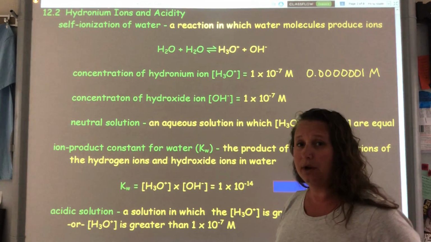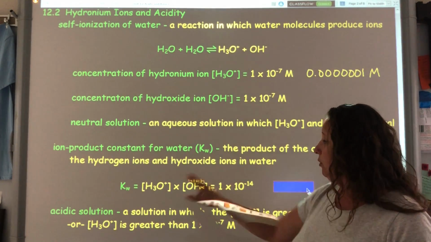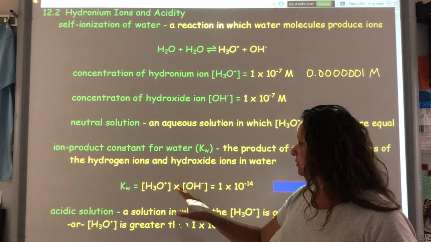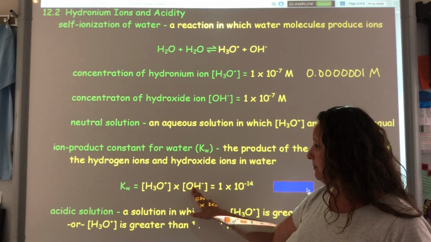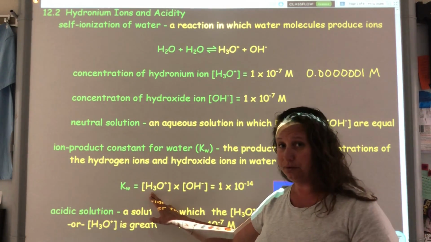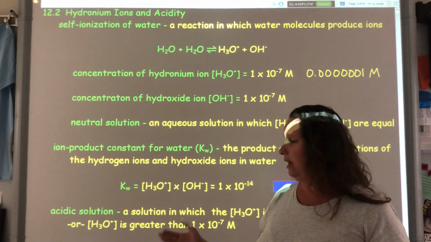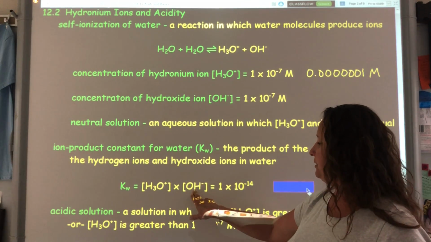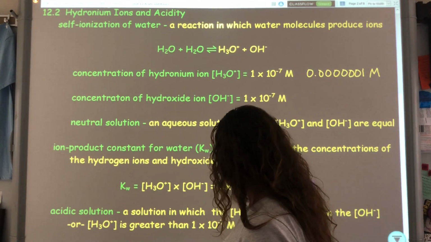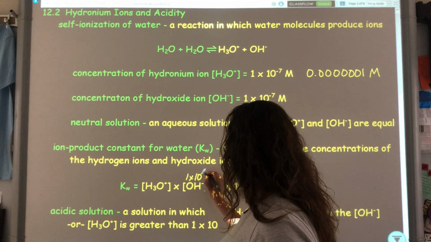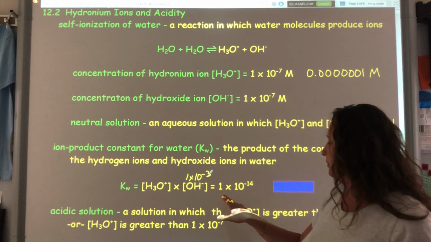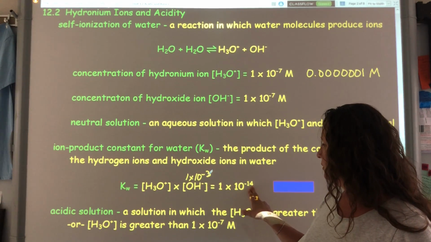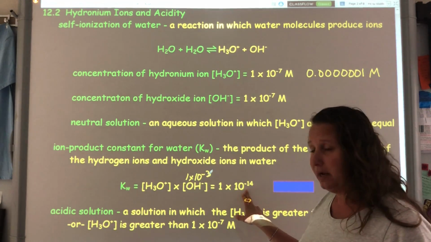This is a really important number. We're going to be using it whenever we want to calculate the concentration of either one of these ions. If we're given the concentration of the hydroxide ion and want to find the concentration of the hydronium ion, using simple algebra, we would take Kw, 1 × 10⁻¹⁴, and divide it by the hydroxide concentration, for example 1 × 10⁻³.